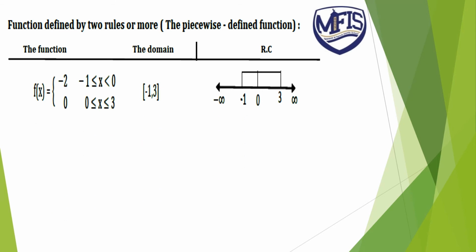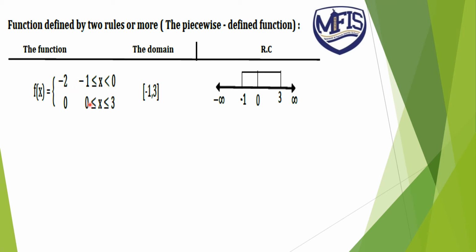Another example. Here we have two rules: f of x equals -2 from -1 to 0, and f of x equals 0 from 0 to 3. Okay, let's draw the number line and we put -1, 0 and 3.